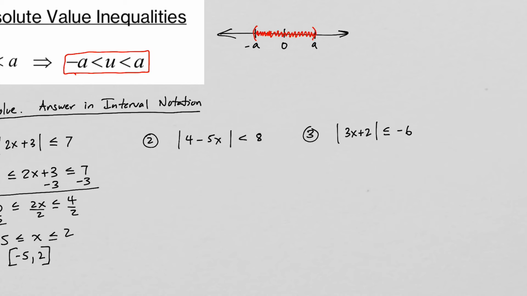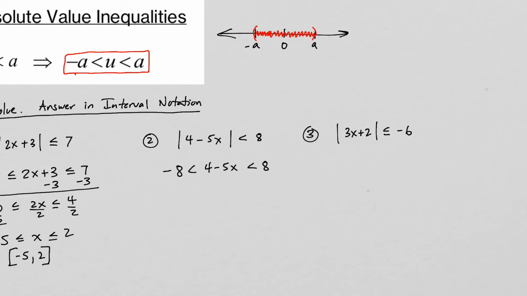We have the absolute value of 4 minus 5x is less than 8. For that to be true, the number 4 minus 5x must be in between negative 8 and positive 8.